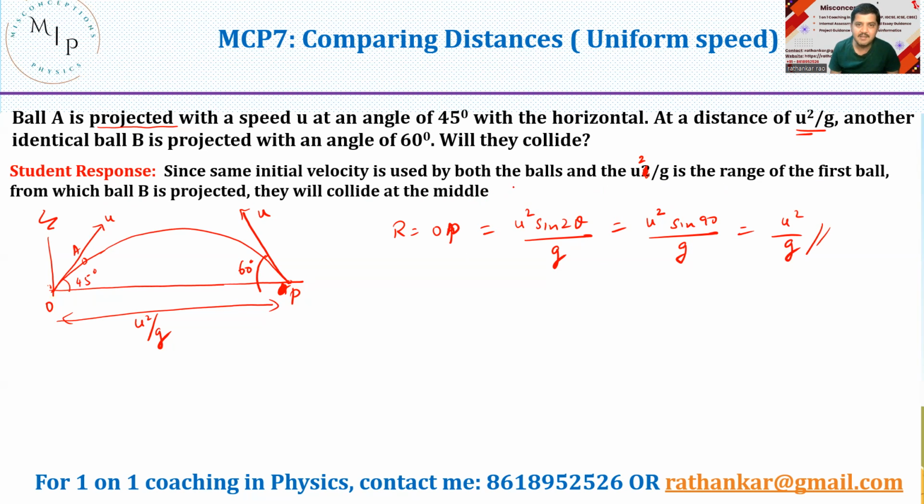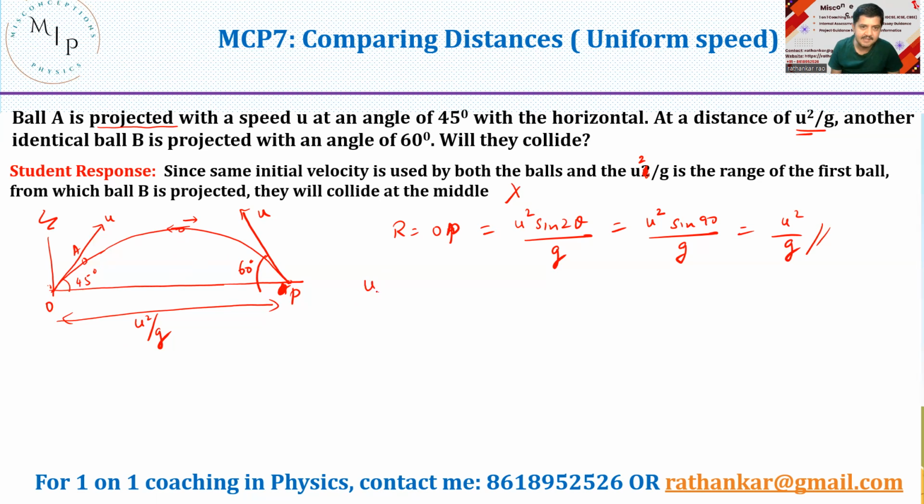But there's a misconception. Why is this a misconception? Let us understand this. First thing is, if two particles, one thrown from here and one from here, have to collide, their x velocities must be the same, while the y velocity will become 0 for both. So this condition should be the same.